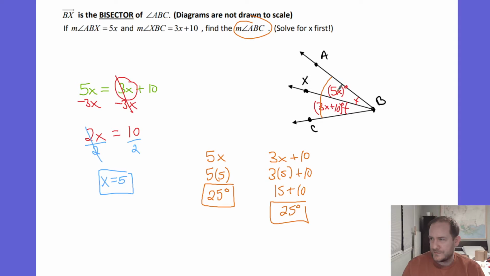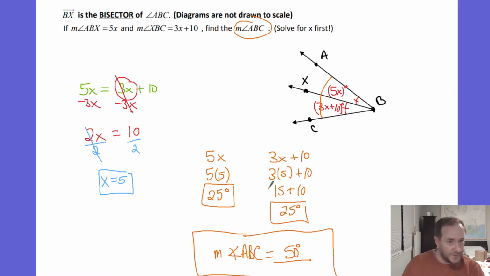We knew that those things were supposed to come out to be the same, and they did. It's 25 and 25. So that means the whole angle, the measure of angle ABC, is 50 degrees. So there, you got both parts now. Hopefully this is helping you. I know I keep making little mistakes, but I'll try to stop.